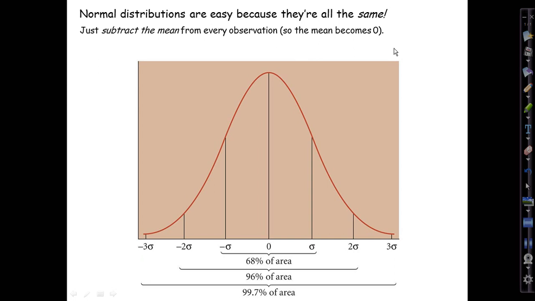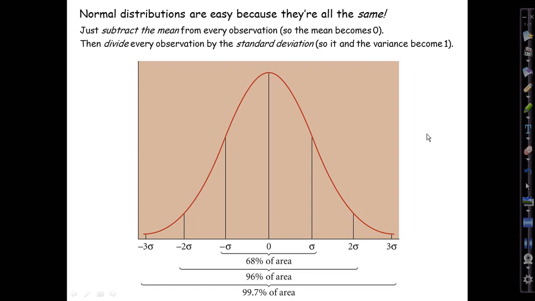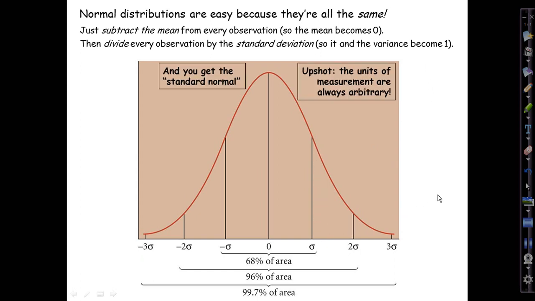The mean just becomes 0, as Gillespie showed in that opening slide about the heights of the kids in his class. Then divide every observation by the standard deviation, which is also just a number that describes that property of the sample. So if you do that, then the standard deviation and the variance both become equal to 1, and we have standard normal distributions.